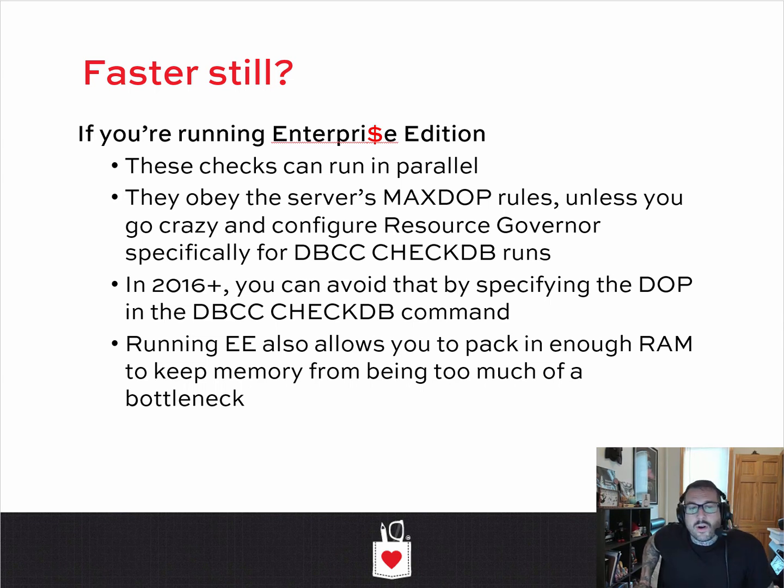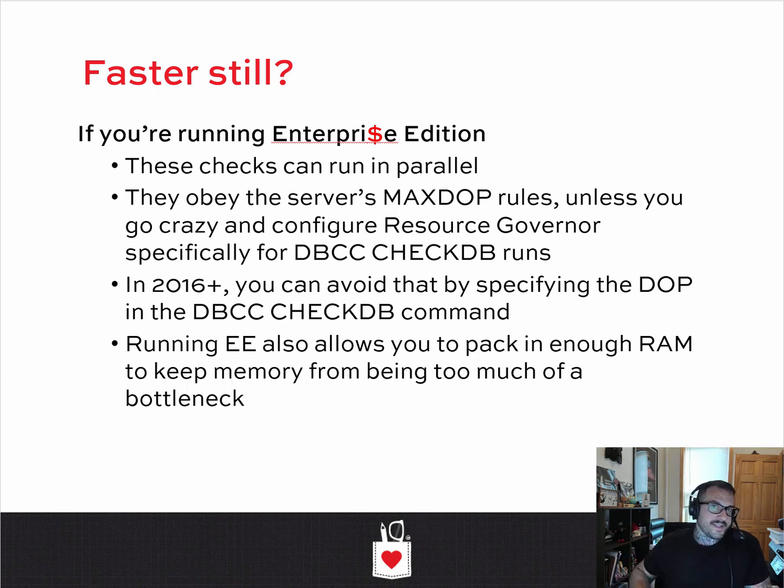Enterprise Edition, of course. If you have very large databases, you better be on Enterprise Edition. DBCC CHECKDB can be run in parallel when you use Enterprise. It obeys the server's max DOP rules unless you go crazy. Absolutely bat dung crazy. And make up a separate user and Resource Governor group that runs DBCC CHECKDB. I know, right? Resource Governor. Ugh.